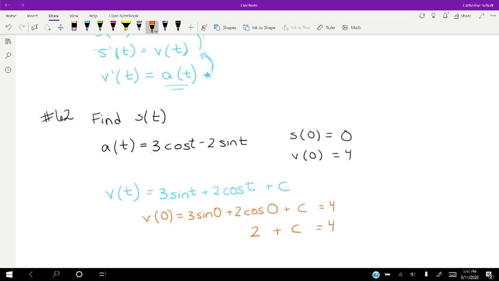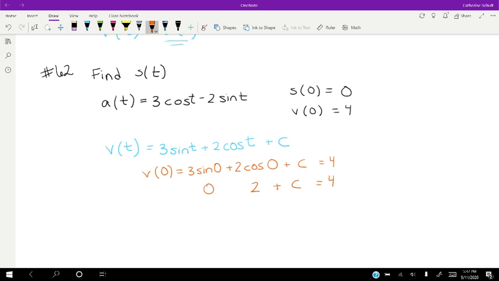That means c has to be 2. So then our velocity function is 3 sine t plus 2 cosine t, and now instead of plus c, it's going to be plus 2.